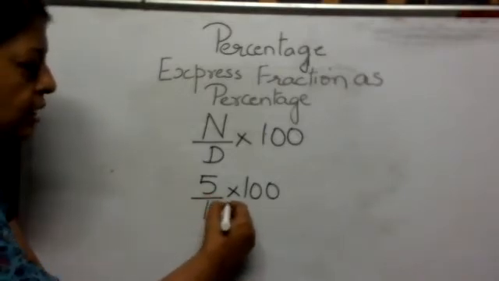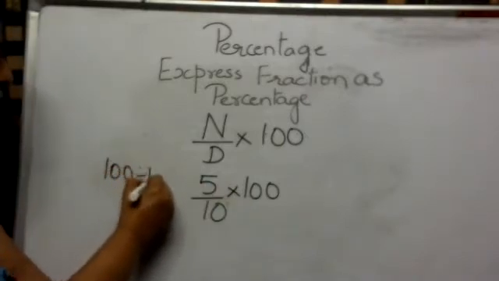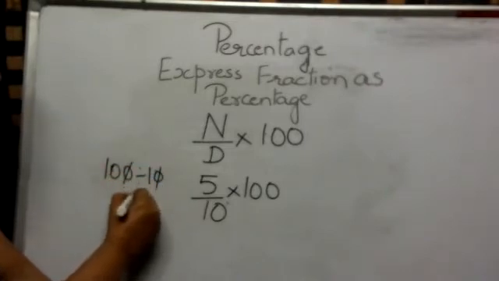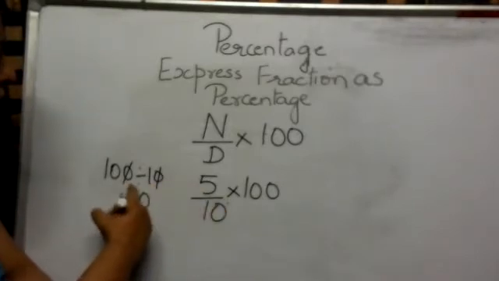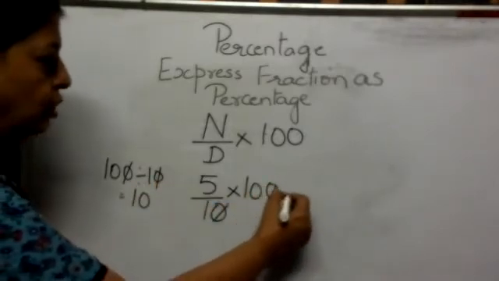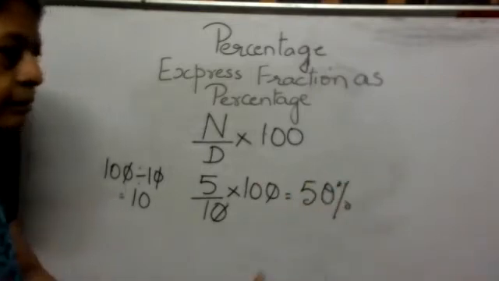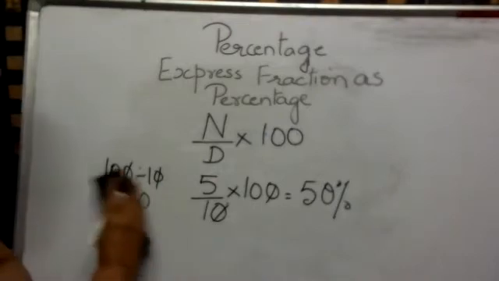Because it is division, the shortest method to divide 100 by 10 is to cancel the zeros. Otherwise, you have to divide 100 by 10. So, the percentage is 50%. Okay, children? 5 by 10 is equal to 50%.